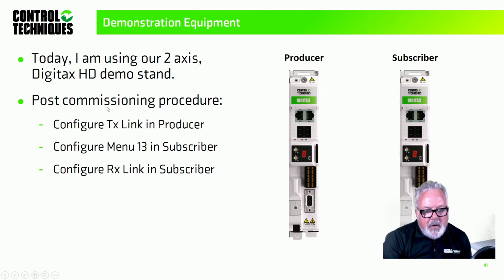So after commissioning, I'm going to configure the transmit link in the producer. Then I'm going to switch over to the subscriber, and I'm going to configure menu 13, which is the standard motion controller here. Then I'm going to configure the receive link in menu 10 on the subscriber. So that's what I intend to demonstrate here.